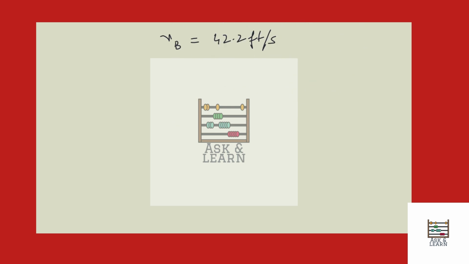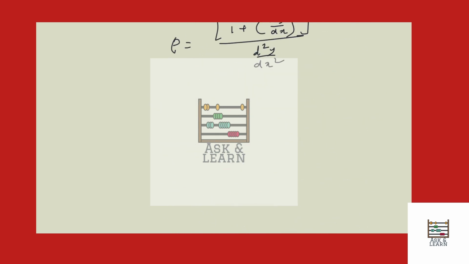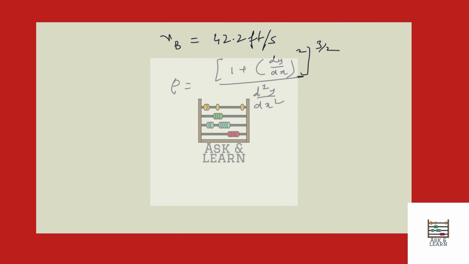Next, you have to take the expression for the radius of curvature, rho, which is given by (1 plus (dy/dx) squared) to the power of 3/2 over d2y/dx squared, right? So you need to just take the derivative of this equation, and plug in the value of x to be 35 feet.